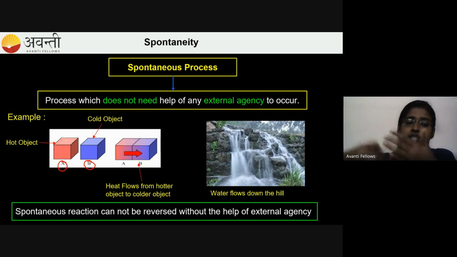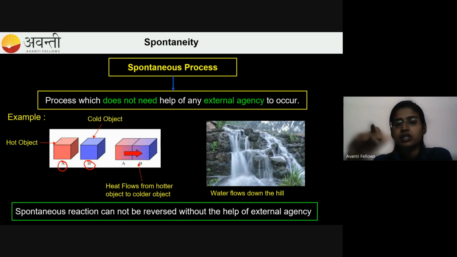Automatically heat is transferring from block A to block B. It doesn't need any external agency every time for the flow of heat from A to B. Only one time I have brought them close to each other. Automatically heat is transferring. So that is called spontaneous. It doesn't need any help every time. So these processes are called spontaneous processes.